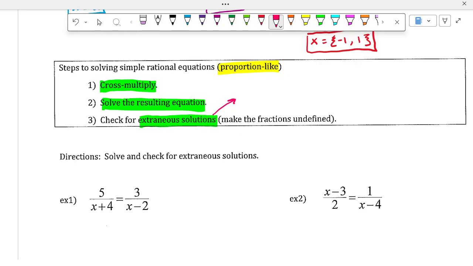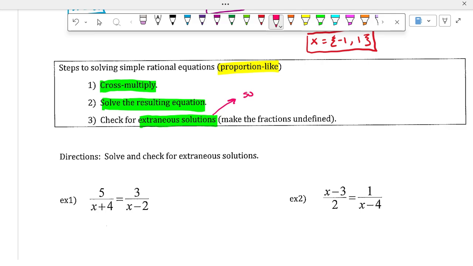What does extraneous mean? It's a solution that does not what? It's a solution that when we plug it back in for x, it doesn't do what? Starts with a W. 4-letter word, starts with a W, ends with a K. Work. It doesn't work.